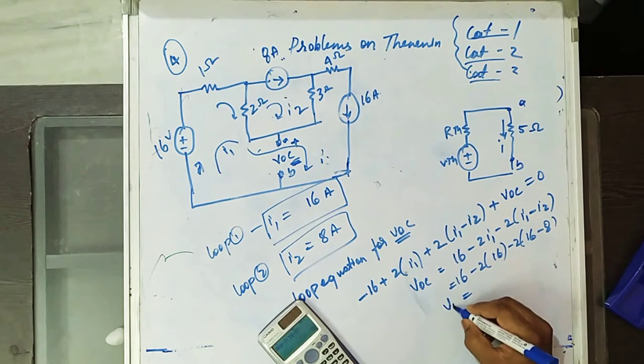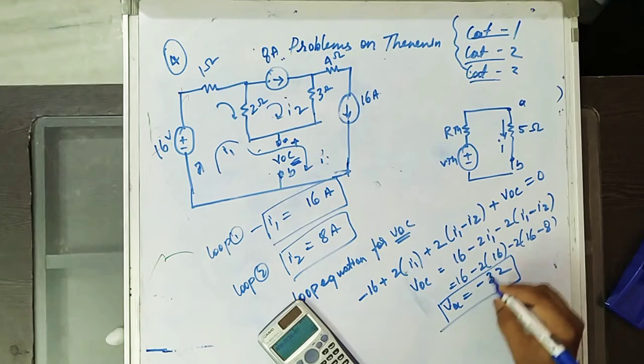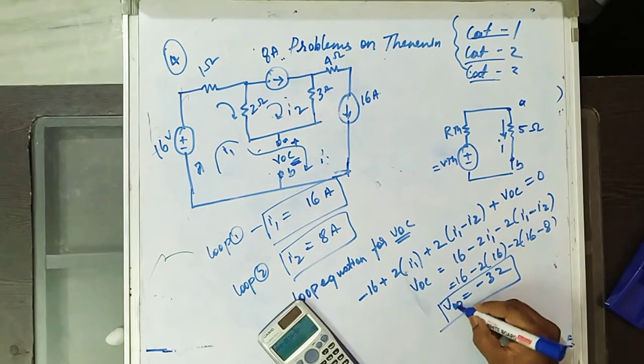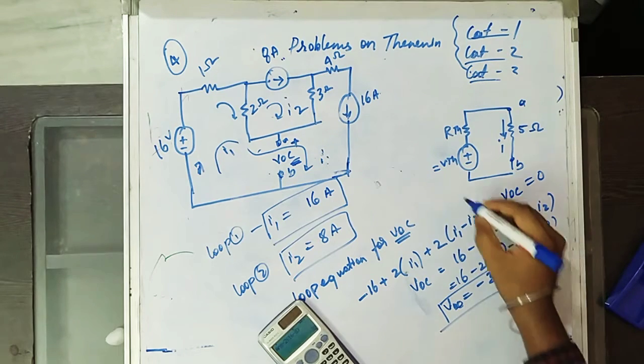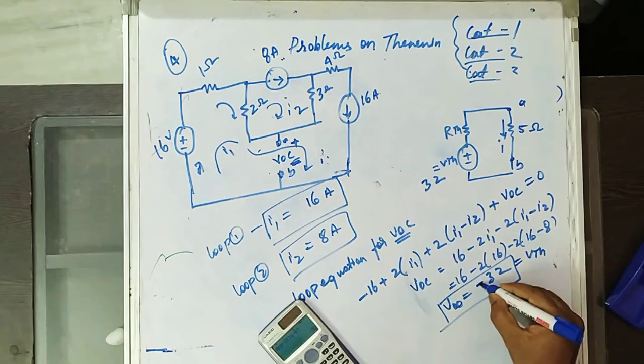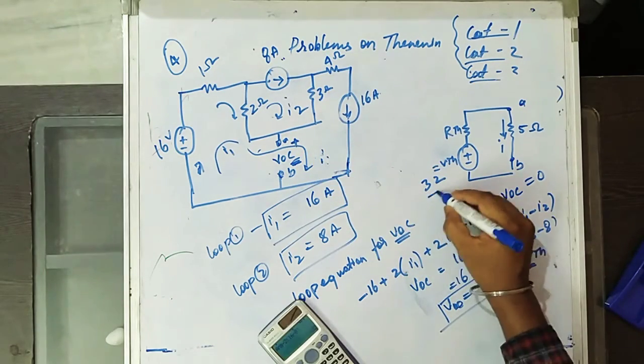You got VOC equal to minus 32. So Vthevenin is found. Even if you get minus for VOC, you represent Vthevenin as 32 here. The terminal taken may be different, but we will keep VOC as 32.